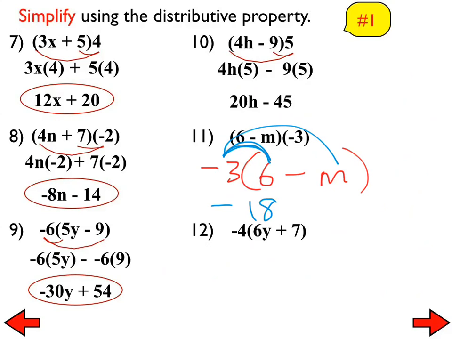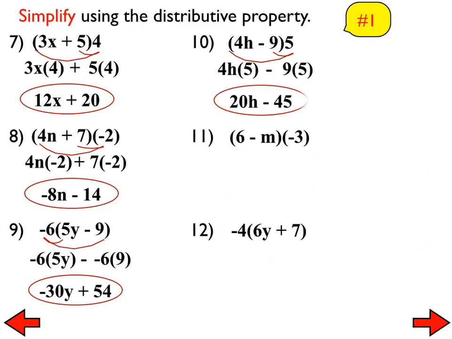What is that times that? Negative 3. Subtraction, because it is subtraction. And then we have this. That is not the preferred way of writing that, but technically it is equivalent to the right answer. The preferred way of writing it is negative 18 plus 3m. So negative 3 times the quantity of 6 minus m is equal to negative 18 plus 3m. Any questions with number 11?